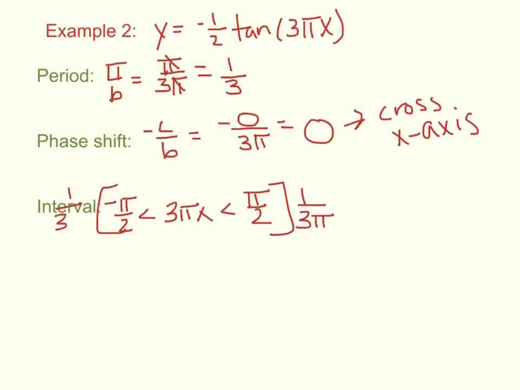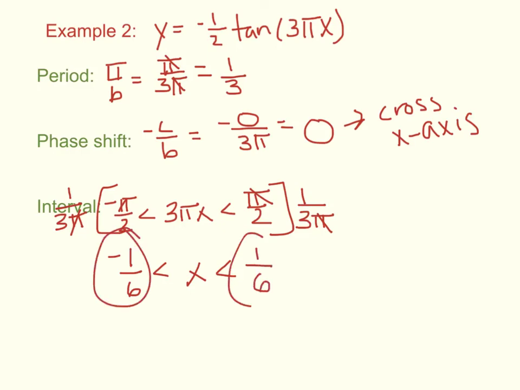So if I do that, the pi's are going to cancel, and I'm left with -1/6. I have an x in the middle, the pi's cancel again, and I have 1 over 6. So in this case, -1/6 and +1/6 are going to be my two vertical asymptotes.